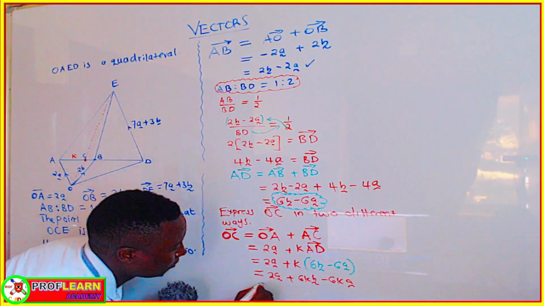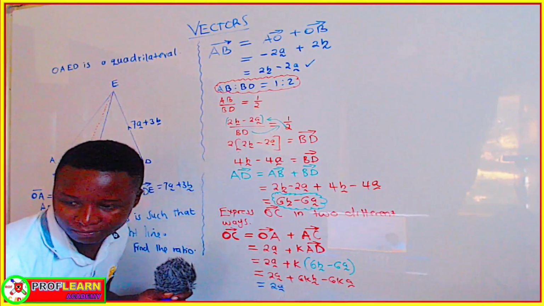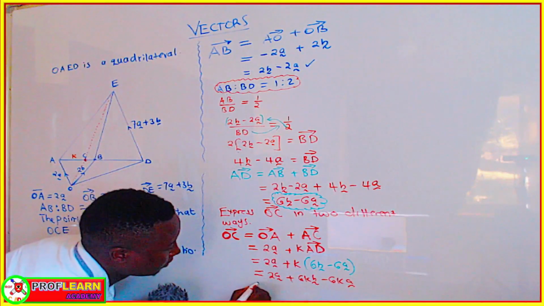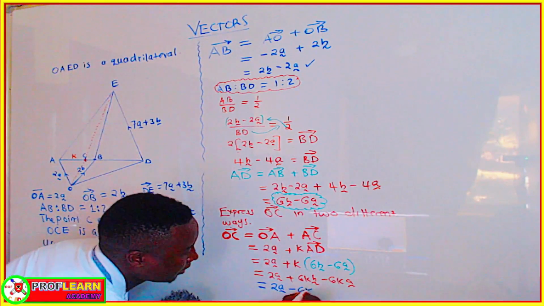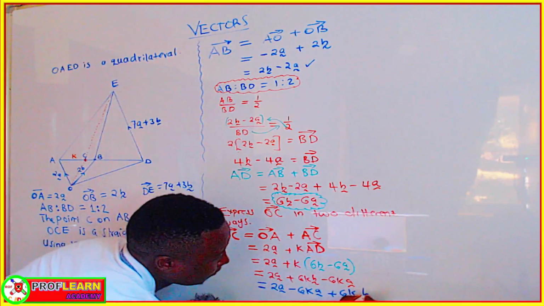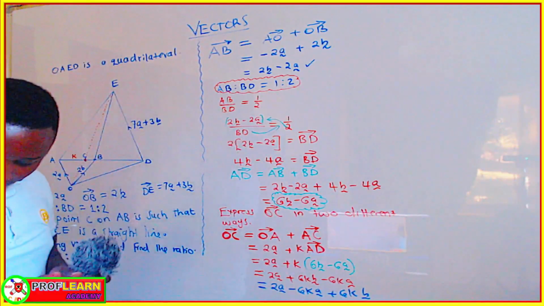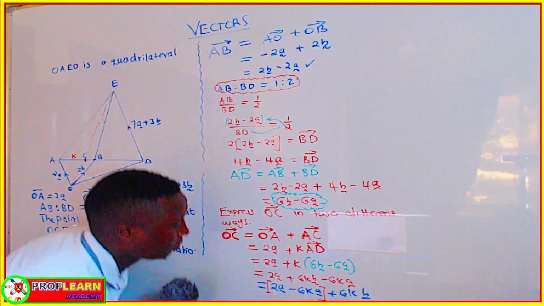I'm saying this can be written as 2 vector A minus 6K vector A plus 6K vector B. So I can factor out what's common at this point.